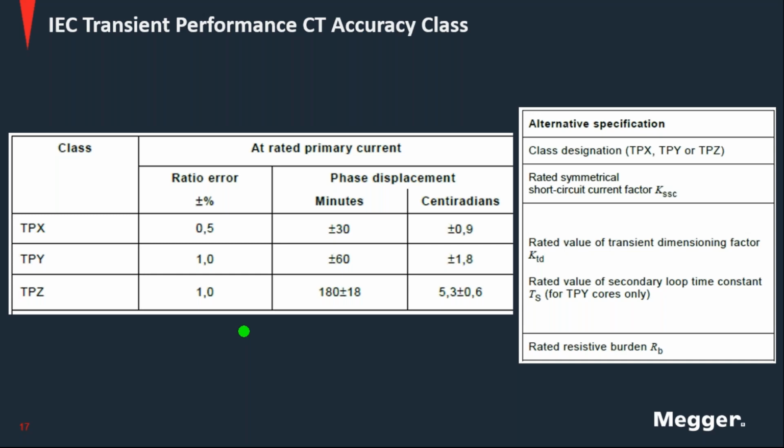You can also see here the maximum allowed phase deviation. And these CTs are built for transient conditions, so they have other characteristics that need to be assessed, like the rated value of the transient dimension factor KTD, the rated value of the secondary loop time constant TS, or rated resistive burden.